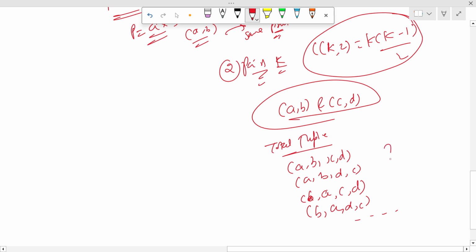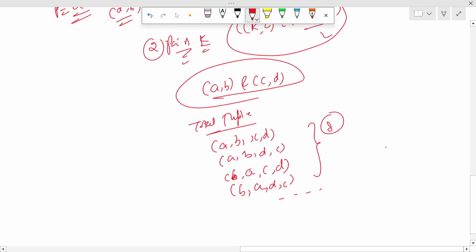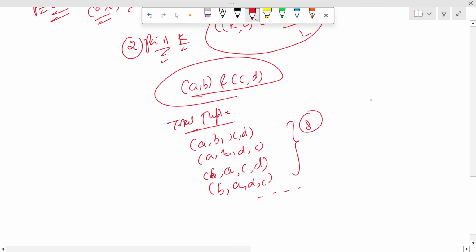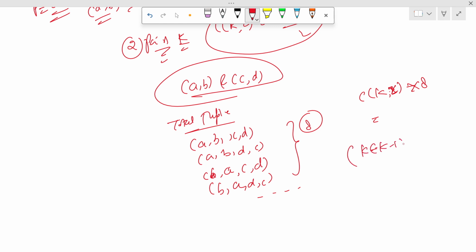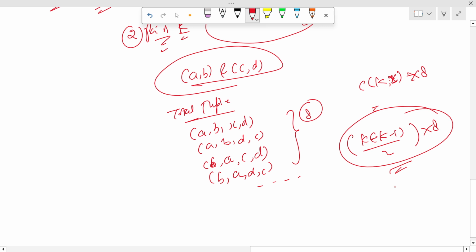We have to calculate 8 valid tuples, so we have to calculate C(k, 2) equal to k into (k minus 1) by 2, into 8. These are our valid pairs we have to calculate here.